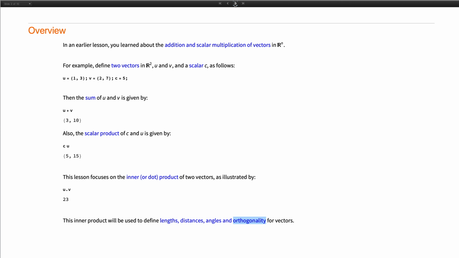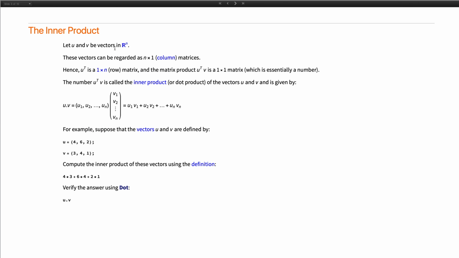Okay, so let's begin with a definition of the inner product. Suppose you've got two vectors u and v, and you can think of them as being column matrices. If you do a transpose of the first vector u, you get a row matrix, a 1 by n matrix. And if you do u transpose times v, then you get a 1 by 1 matrix, which is of course just a number.